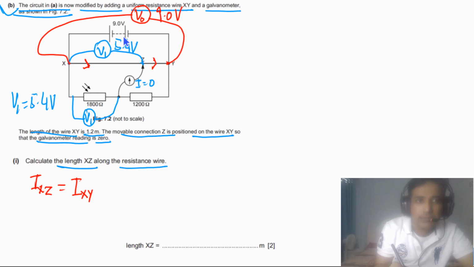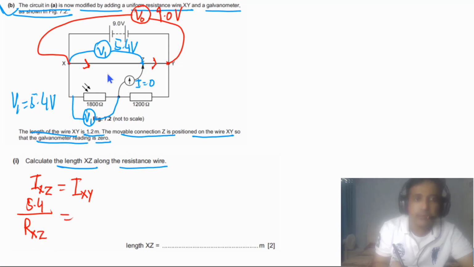So the current across this one we can simply find by writing the potential difference across this one, that is equal to 5.4 divided by resistance of this part of the wire, we can say resistance XZ. And here we have IXY, so that is equal to 9.0 divided by resistance of the wire XY.